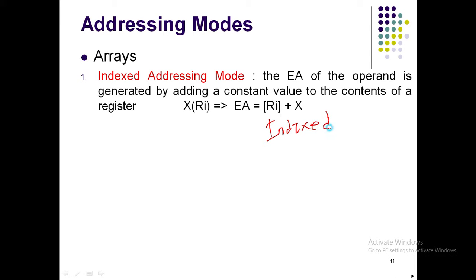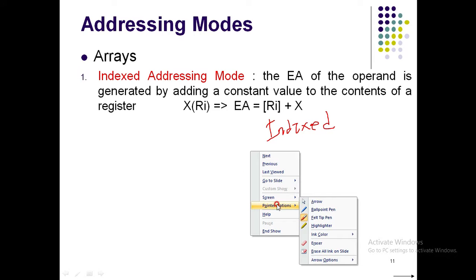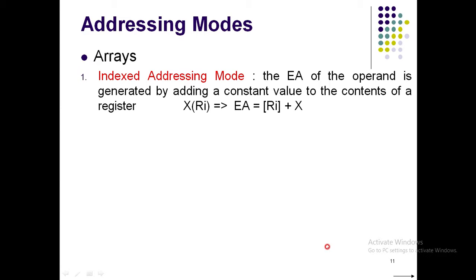Now to move ahead, the constant X, whatever you can see here, could be 2 things. It could be either an offset or a base address. So we come across 2 important concepts here: it could be an offset or it becomes your base address.